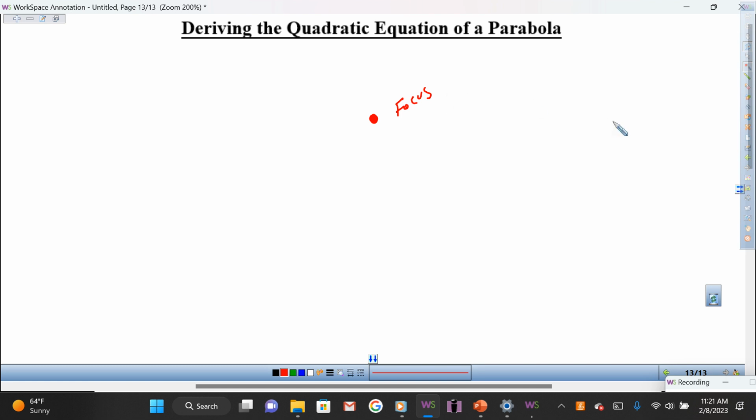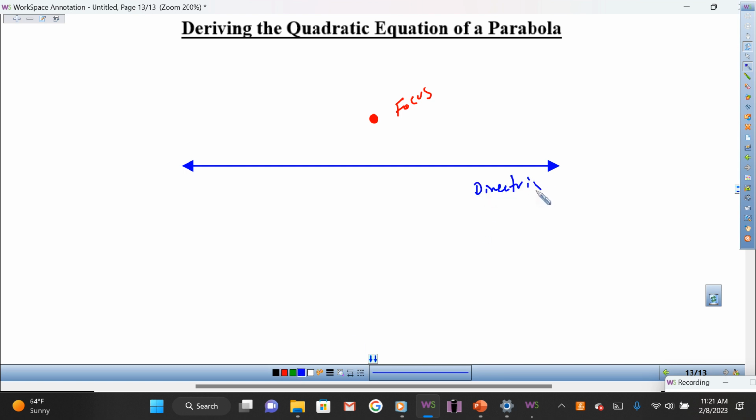What else do we need? A line, is that correct? Known as a what? Directrix. So skip like 1 or 2 lines down and draw a blue straight line like so. And we're going to label this directrix.